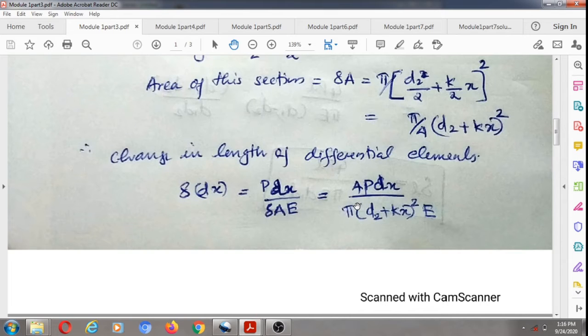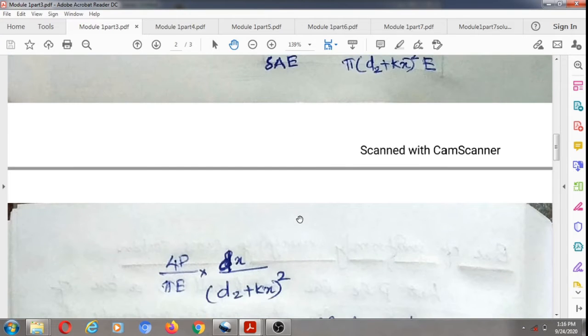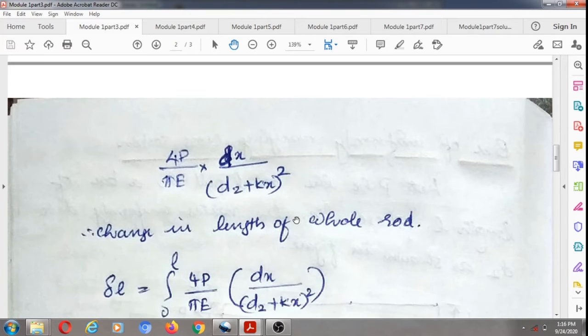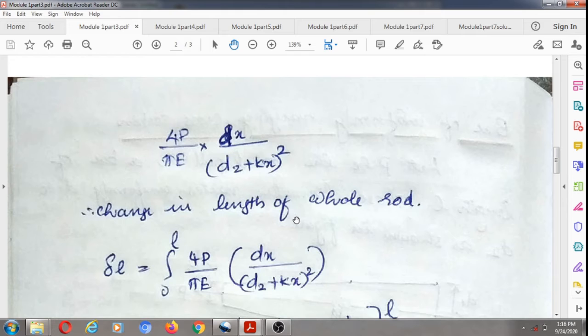Next you have to find the complete increment, that is, how much the whole segment is elongated in total. For that you have to integrate the small increment up to that limit. So 4P by pi E into dx divided by (d2 plus kx) whole square is the small increment.